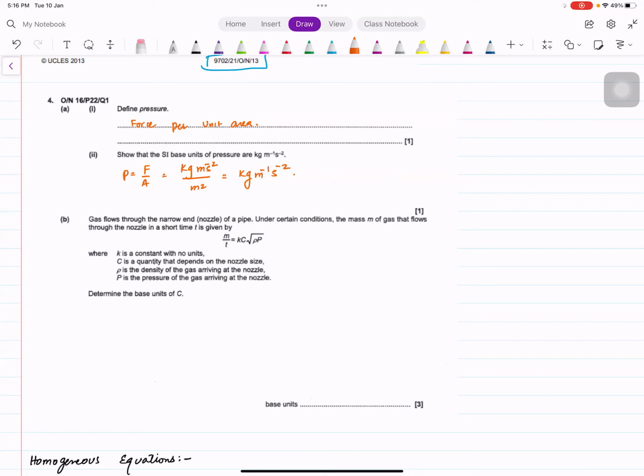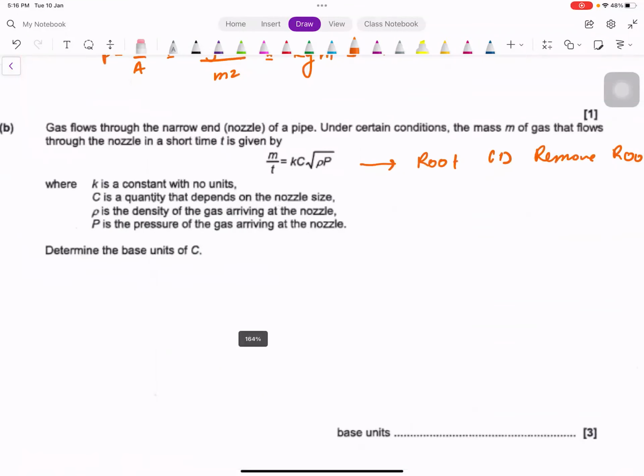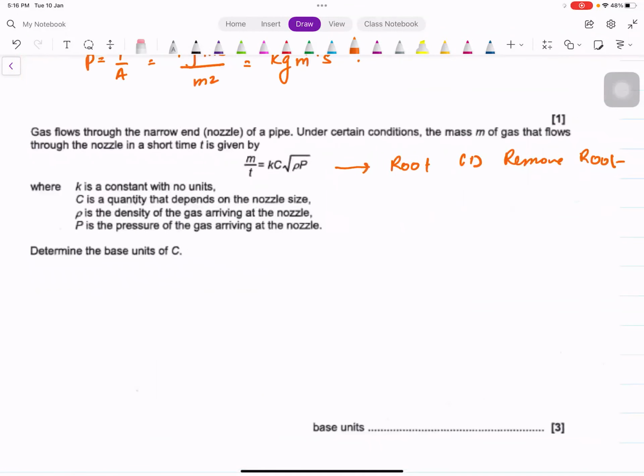All right. Now, again, in this question, if you see, there is a root. So first of all, I'm going to remind you to remove the root. Always do that. If you do that, then basically you square on both sides, right? Like this.